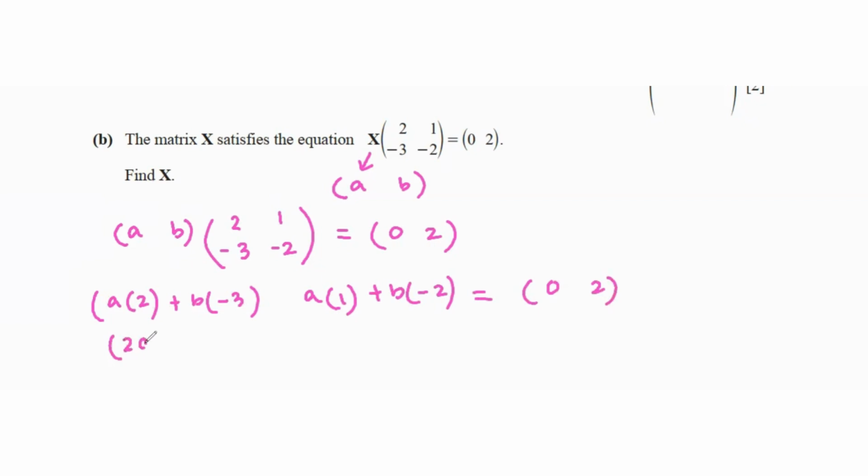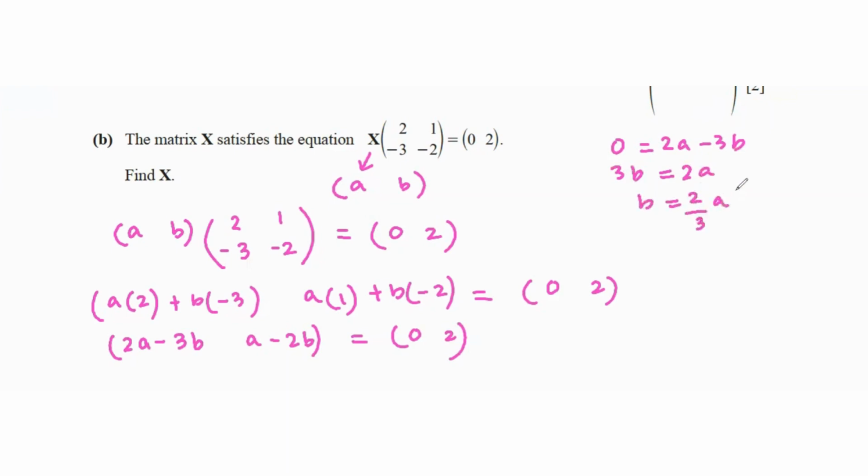That's 2A minus 3B and A minus 2B. So 0 equals 2A minus 3B, 3B equals 2A, and B is 2 by 3 A.